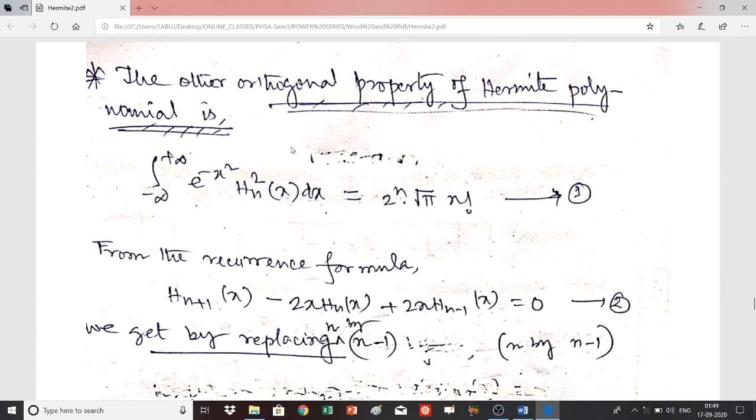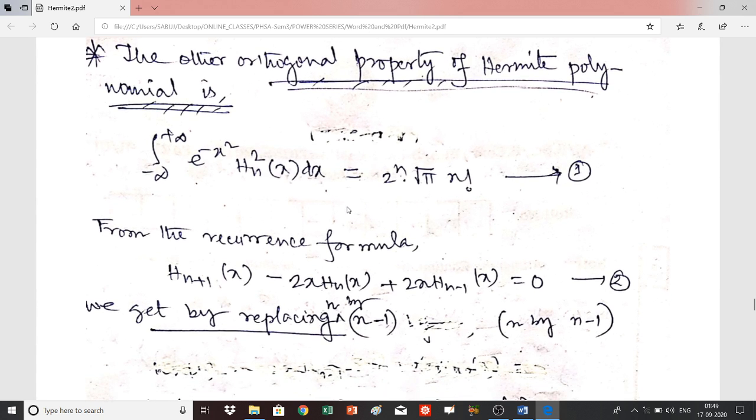This other form of the orthogonal property of Hermite polynomials is given as the integral from minus infinity to plus infinity of e to the minus x square Hn square(x) dx, which is equal to 2 to the n, root pi, n factorial. So this is another form of the orthogonality of Hermite polynomials.